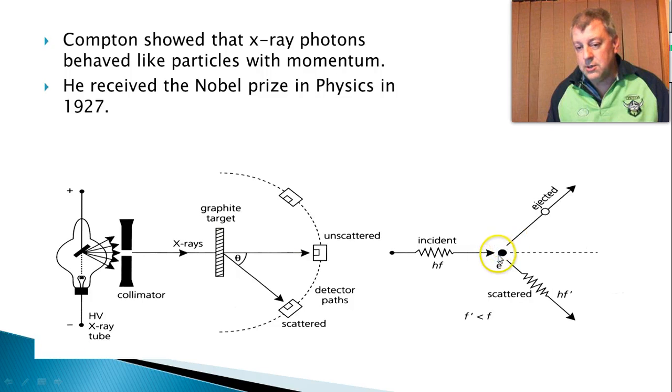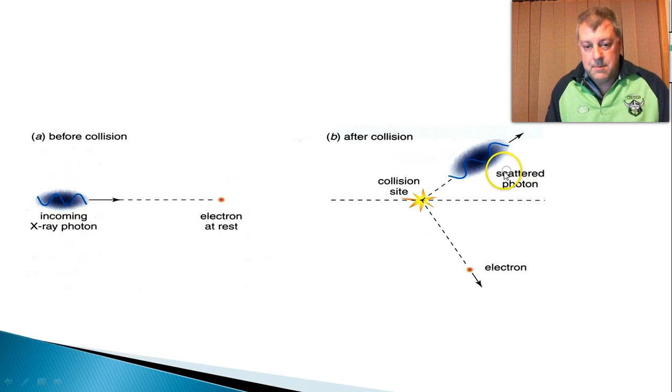It would engage an electron and knock the electron in its direction, so the electron was effectively given a momentum, and a new photon, which is not the same as this photon, was given off, and this would have the energy of hf dash, and the frequency of the scattered photon is always less than the incident photon. Did I say electron? Photon. Okay, so you should remember that diagram.